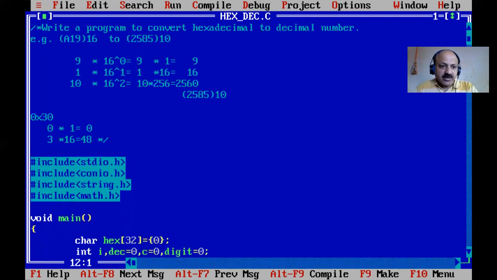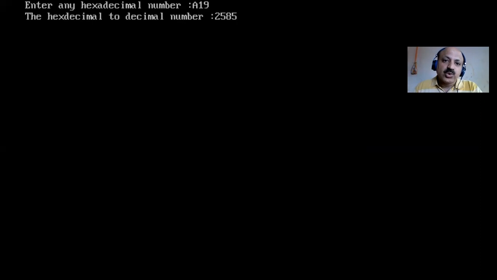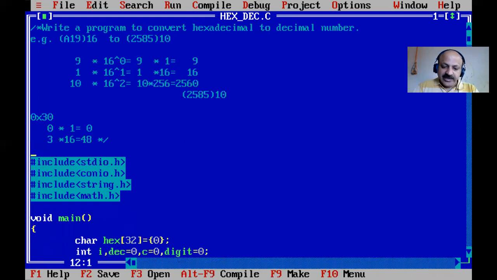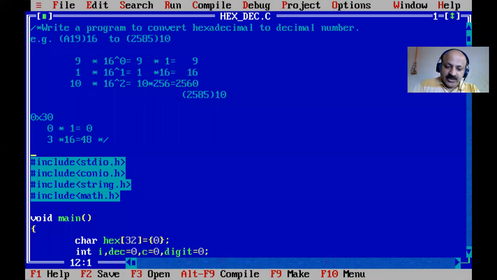So let us check. Now I compile, yes, already, and run. We take our paperwork hexa one, capital A 19. Yes, you can look: 2585, we already solved. So we can show that it is perfectly our hexadecimal number to decimal number. Again I run, and we can say E1, so 225, that is perfect.